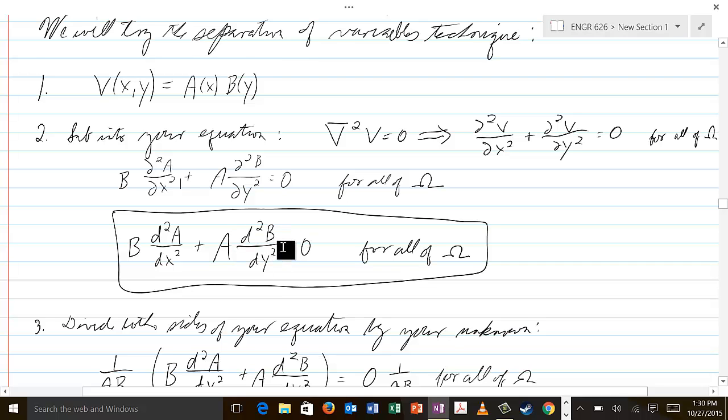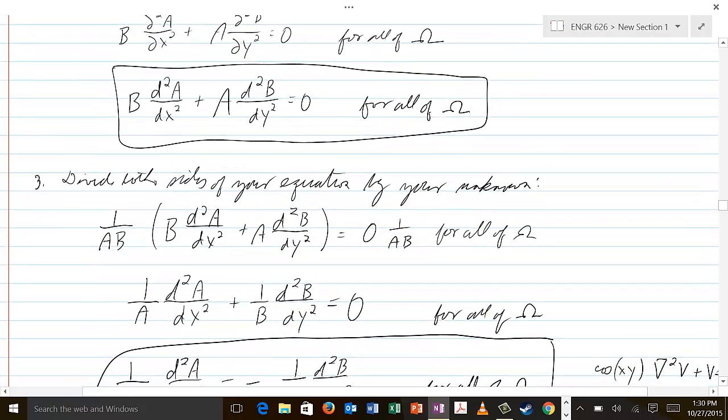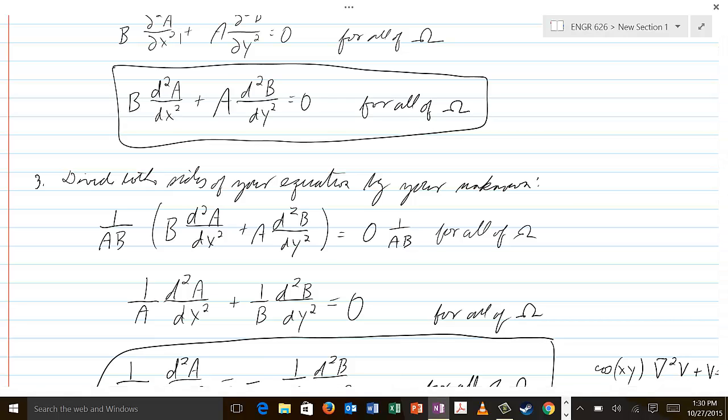So we have this. Now let's divide both sides of this equation by ab, or in other words, multiply both sides by 1 over ab. So 1 over ab times the left-hand side is equal to 1 over ab times the right-hand side. When we multiply this out, on the right-hand side we still get 0. On the left-hand side, we have this.